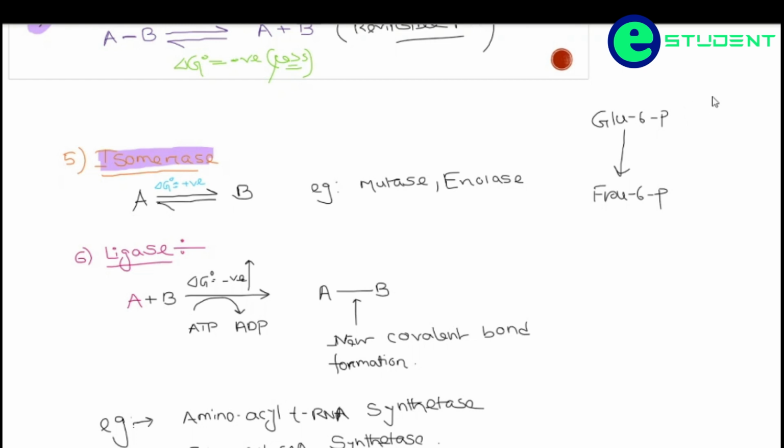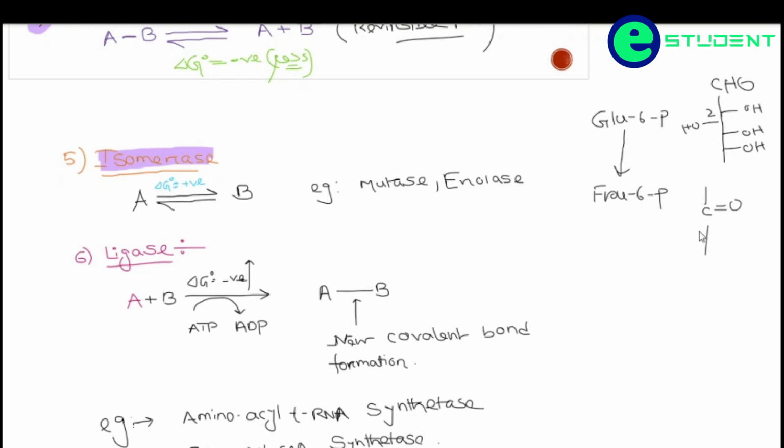If I give you some idea about the structure of glucose 6 phosphate, there is a CHO, then right, left, right there is OH, OH, OH, OH. This is the structure of a glucose molecule. And in the case of fructose, in the second position there is a keto group.